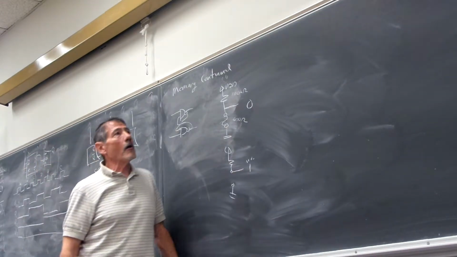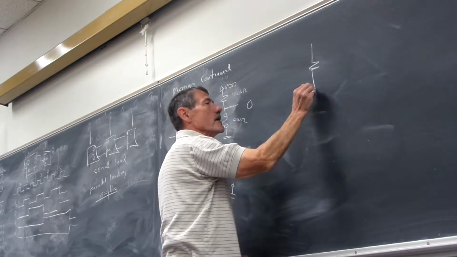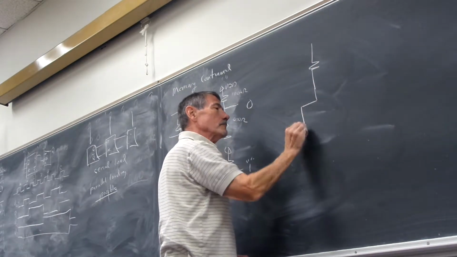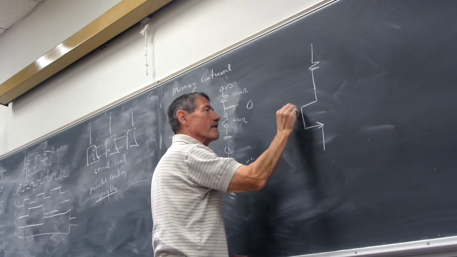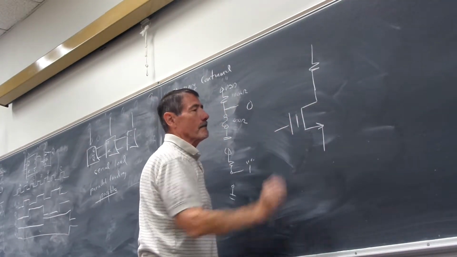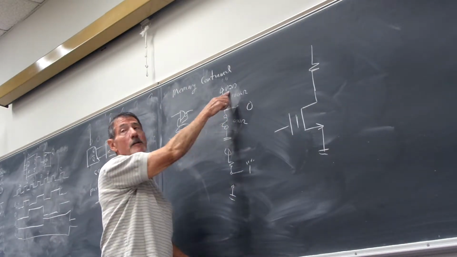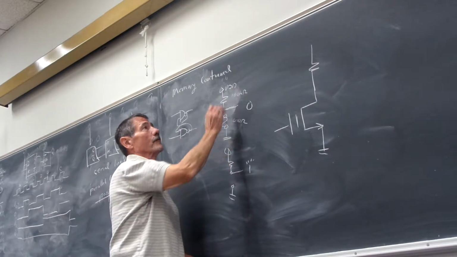Okay. All right, so now let me take, and I'm going to do exactly the same thing here. What does it say at the top of 100 kilo ohms? This guy, VDD. Yeah, that's our 5 volts.